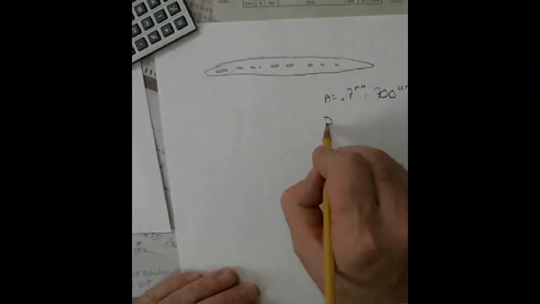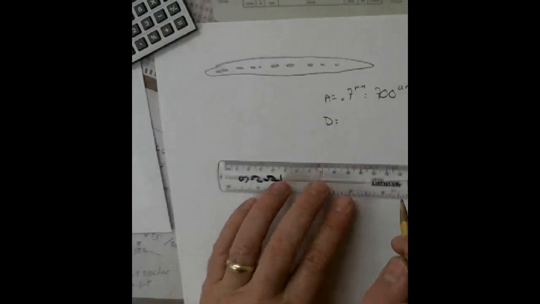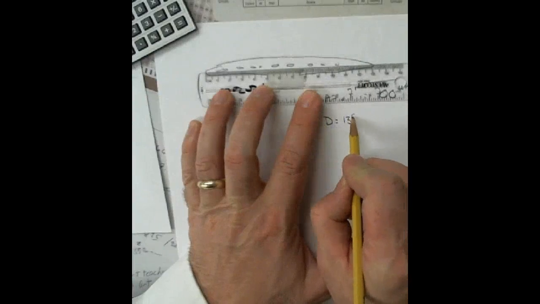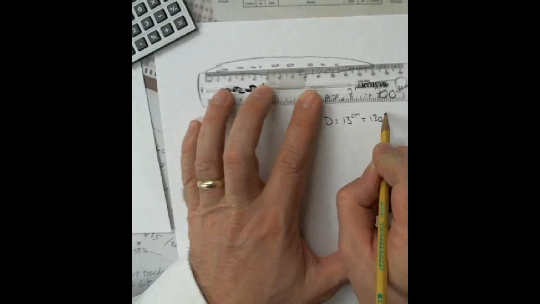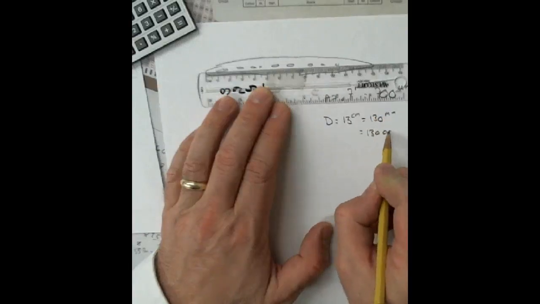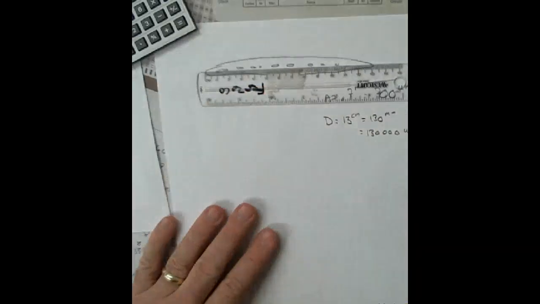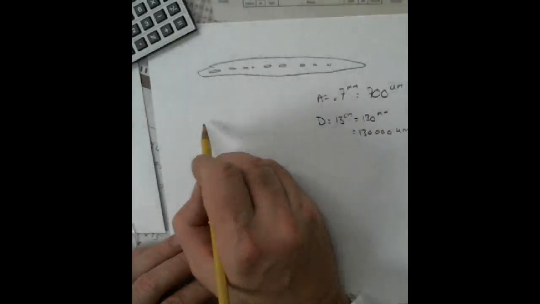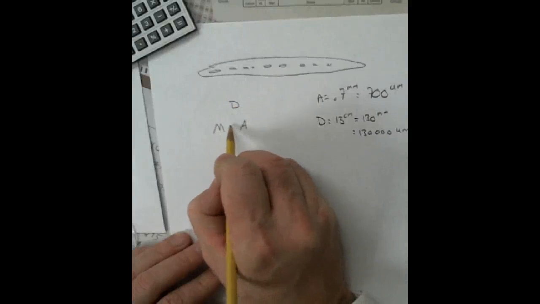We're looking for magnification, so for the drawing size, we're going to measure this again with our ruler. If we measure with our ruler, it's approximately 13 centimeters, which is 130 millimeters, which is the equivalent of 130,000 micrometers. Again, we're going to use the same formula we used before: magnification, drawing, and actual.